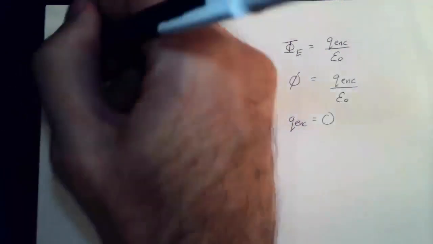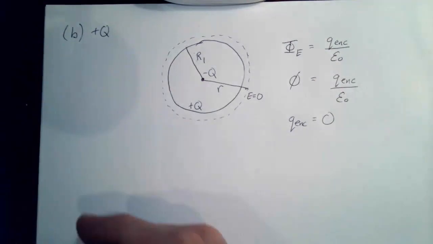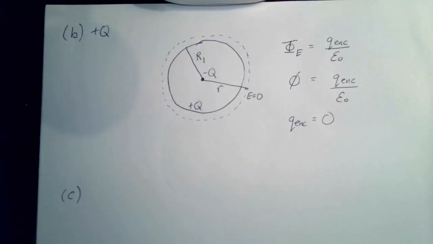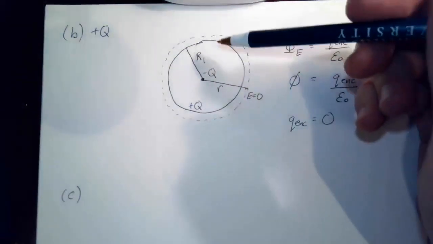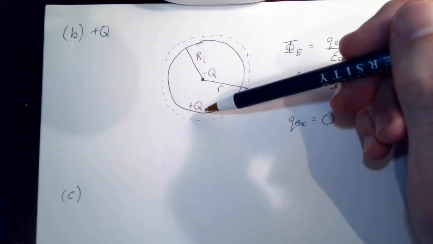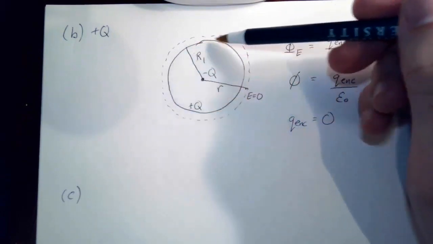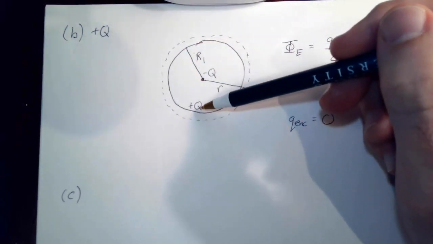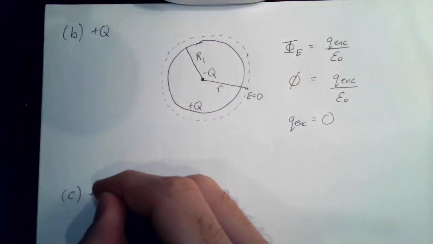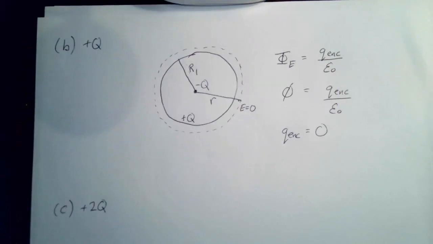And then part C: the question is, how much charge must be on the outer edge of the surface? Because remember, with a conductor, the net charges all accumulate on the surface of the conductor. So I've got Q on the inner surface, but I've got a total of 3Q. That means the outer surface must have the other 2Q on it.